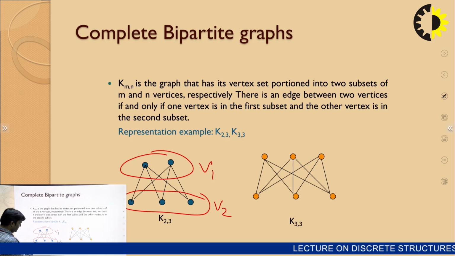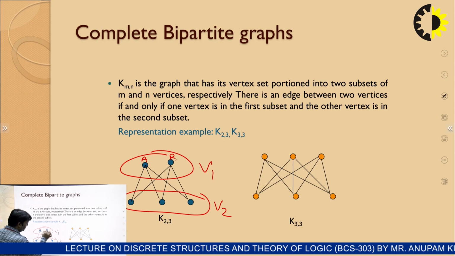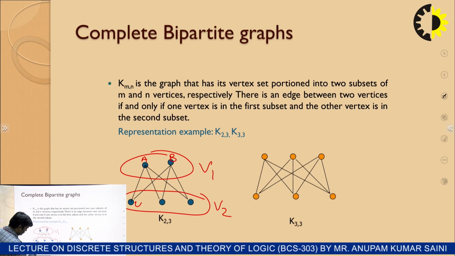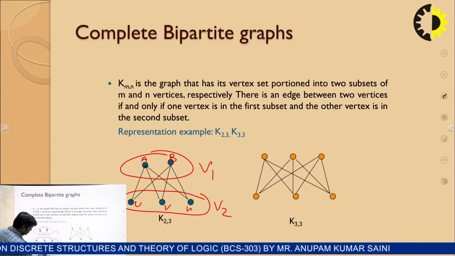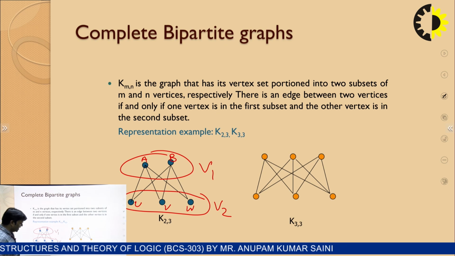Here in V1 there are vertices A and B, and in V2 U, V, W, as we label this graph.